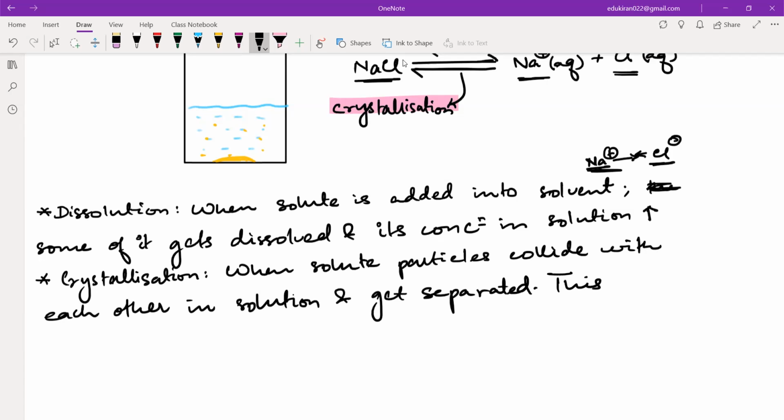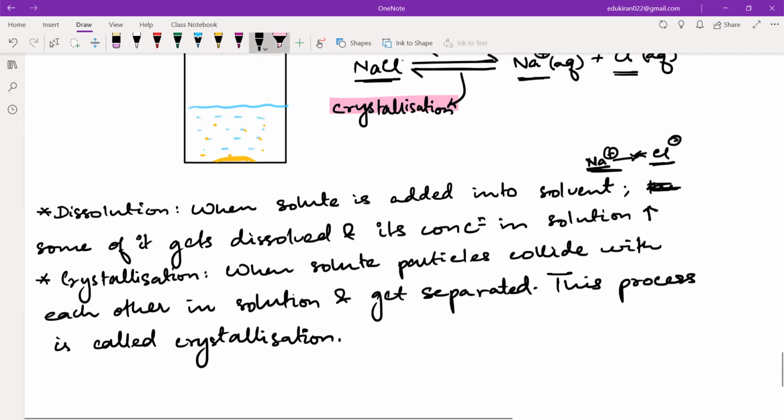Right? So this process is known as crystallization. Okay, this is crystallization and this is dissolution.